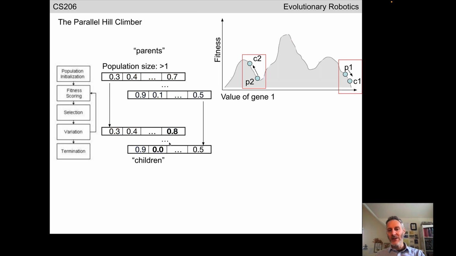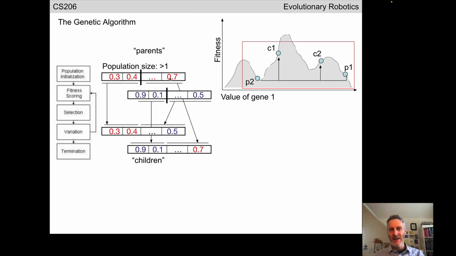Before, in the parallel hill climber, we were changing one or maybe a couple of numbers in the child. So the child genotype was much more similar to its parent's genotype than in the case of the genetic algorithm, which means the children can move further horizontally, which means they can move out of local basins they are trapped in, out of a local optimum, and can land in new space and can invade new spaces in the fitness landscape, which might lead to better and better solutions.